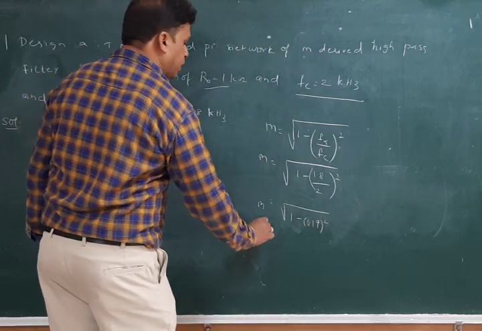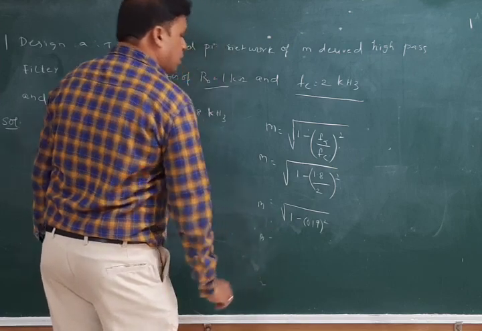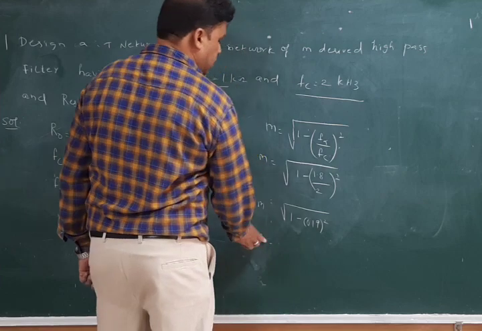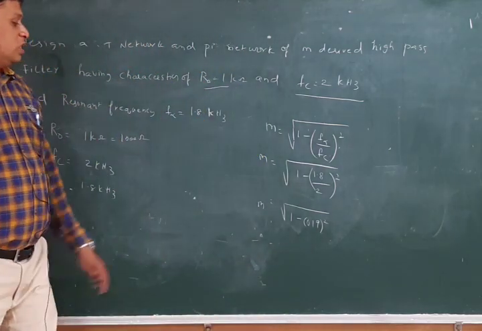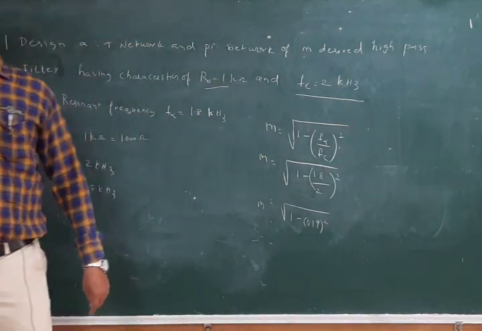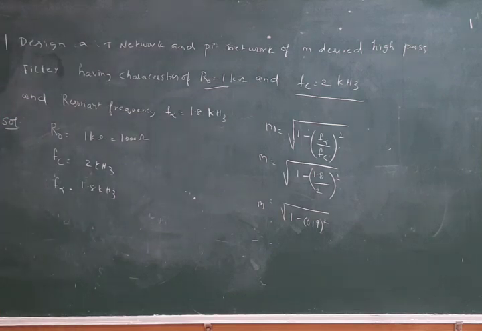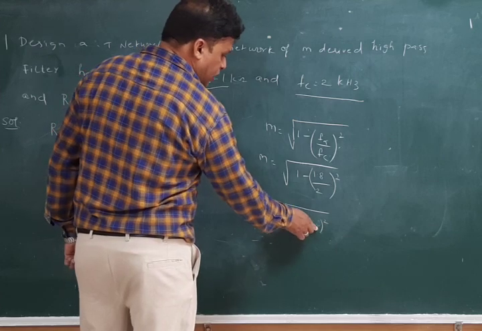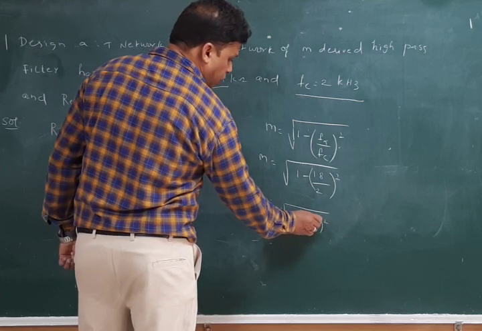So, m is equal to the square root of 1 minus 0.9 whole square, because 18 by 2, 2 nines are 18, so it is 0.9 whole square.